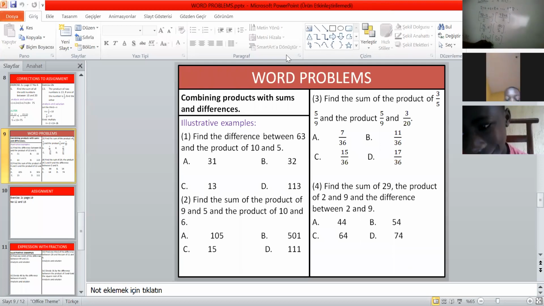Then times 50. Now, 5 times 9 is 45. I carry 4. Now, 5 times 4 is 20 plus 4, 24. Now, this 0, just copy and paste it here. Bingo.